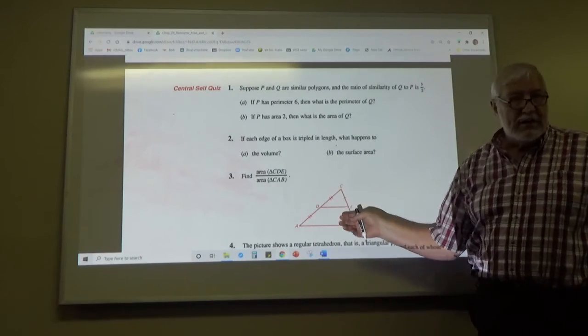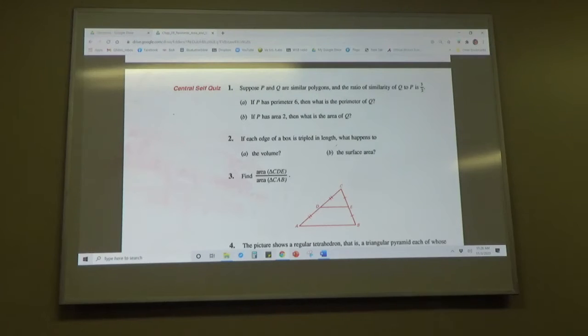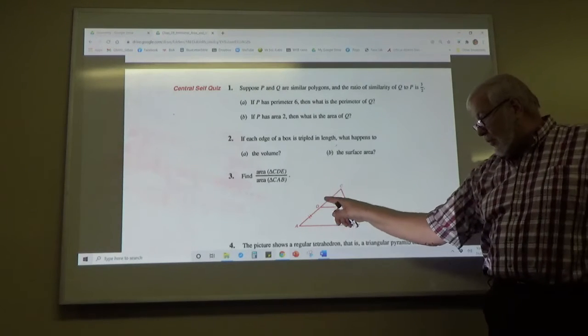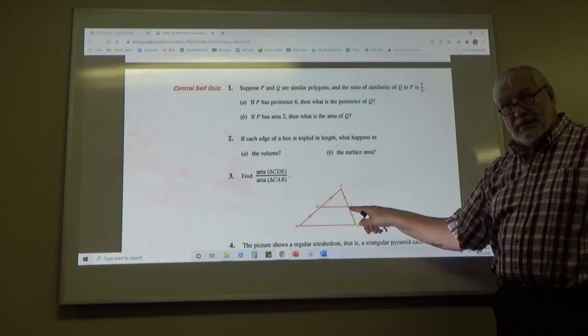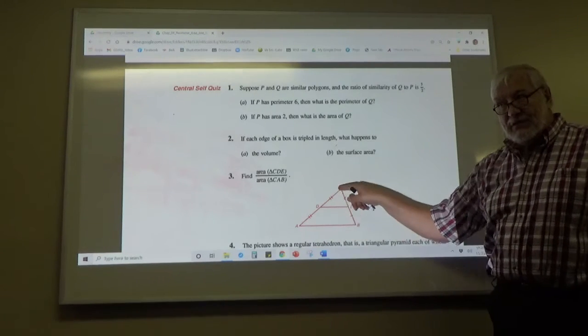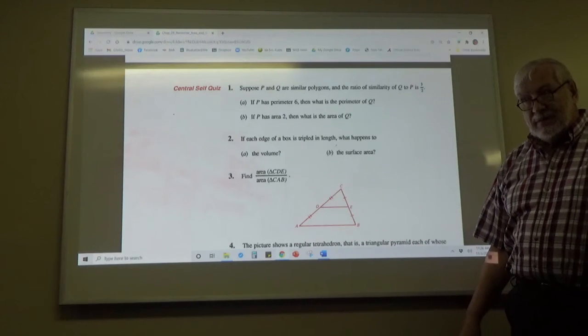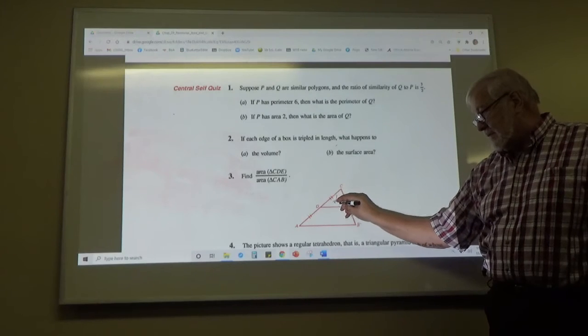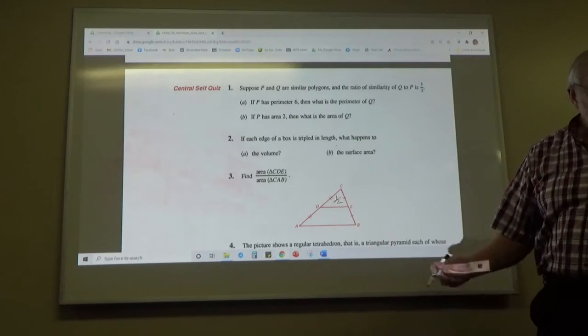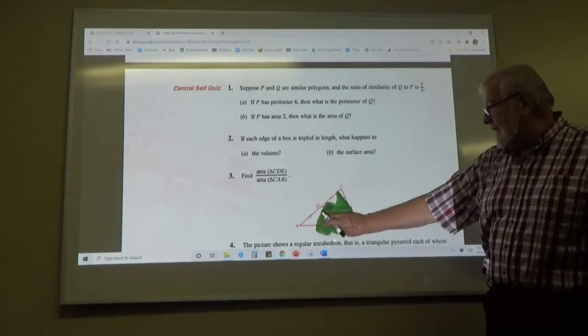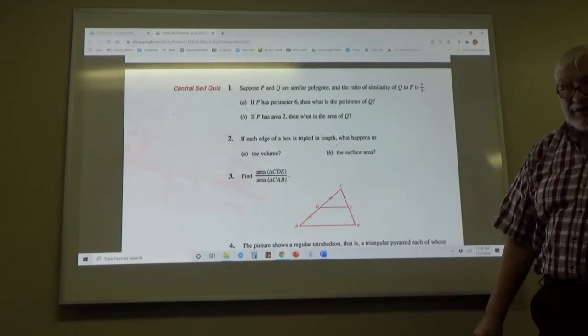So the big one is 2 times the little one. See that? So the small one is what relationship to the big one? Half. If the other one's 2 times as big, then that one has to be half.